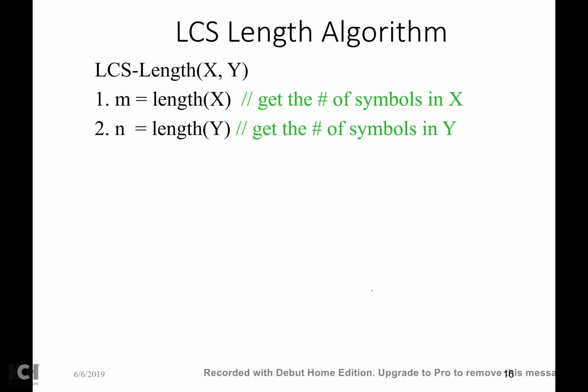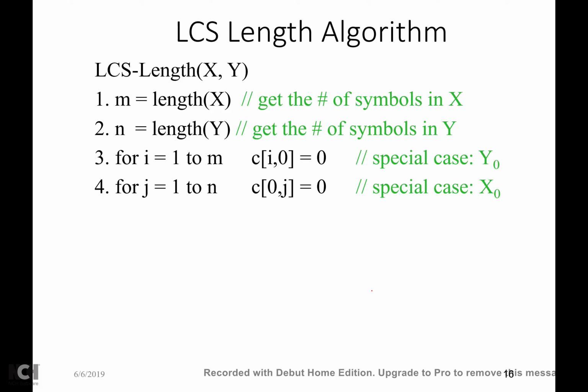This is the algorithm for the longest common subsequence dynamic programming solution. First we check the lengths of x and y. In such case, we can initialize the dynamic table and also initialize the first row and first column to be 0.